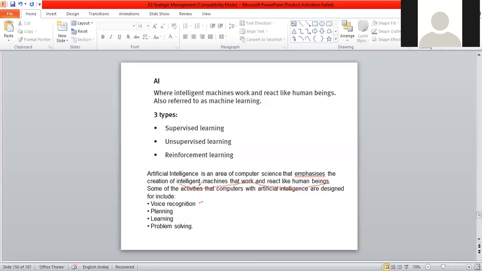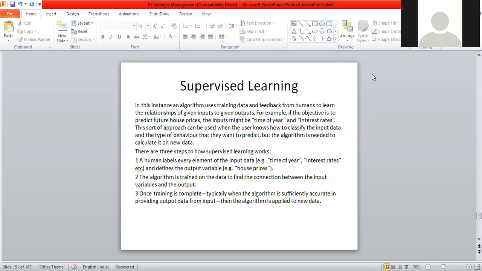There are three types of artificial intelligence which are mentioned here, called supervised learning, unsupervised learning, and reinforcement. As the name says, supervised learning is supervised by human beings.